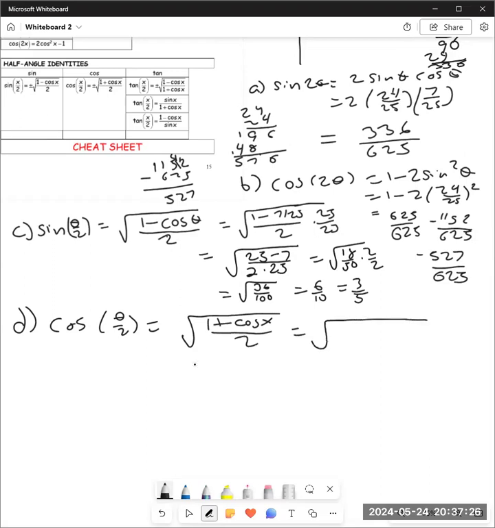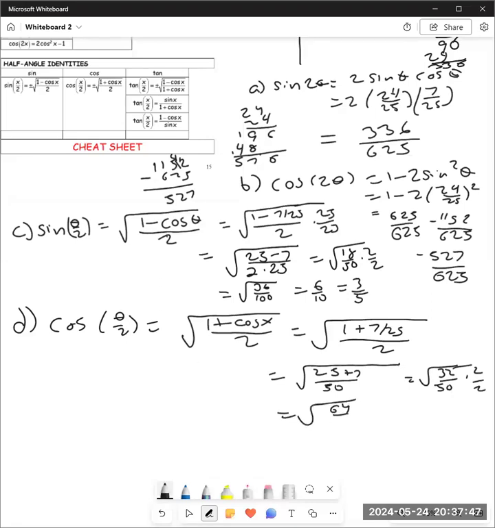So that's square root of 1 plus 7 over 25, over 2, which is square root of 25 plus 7 over 50, which is square root of 32 over 50, multiplied by 2 over 2 is square root of 64 over 100, which is 8 over 10, which is 4 over 5.